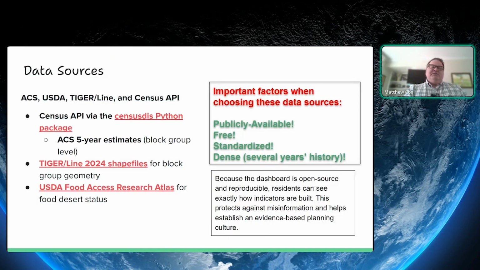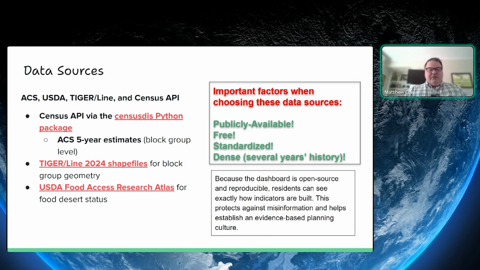So the U.S. Census has been going on for almost 200 years now. While the ACS data doesn't go back that far, going back almost a decade to watch changes happen in small municipalities is very valuable. So I gather that data from the US Census using the censusdis Python package.